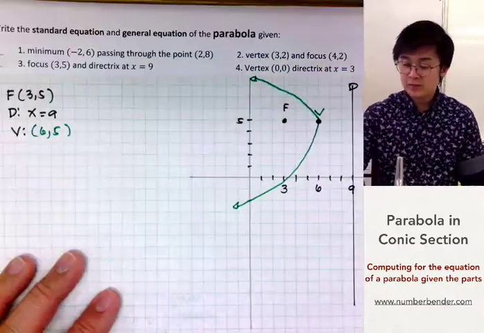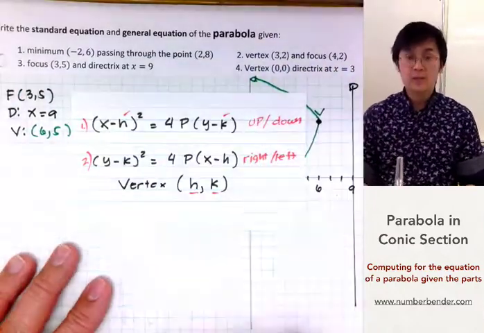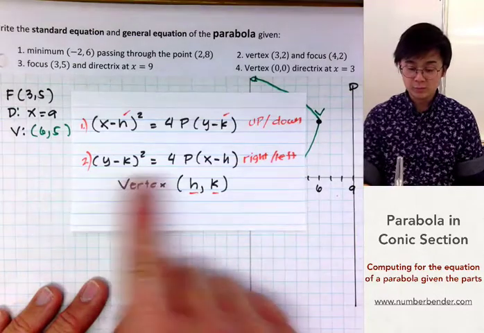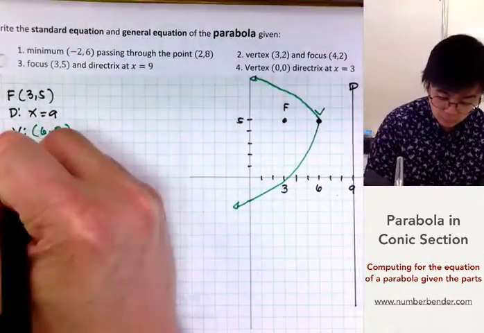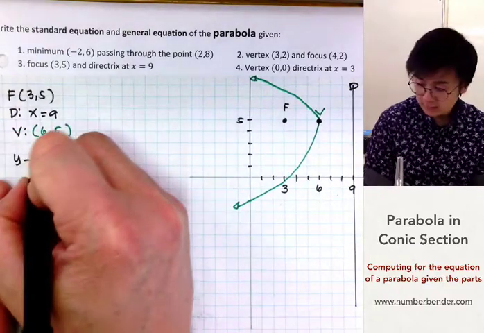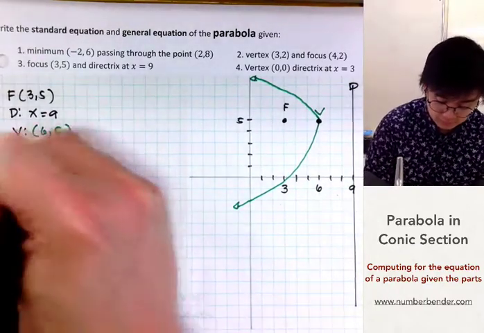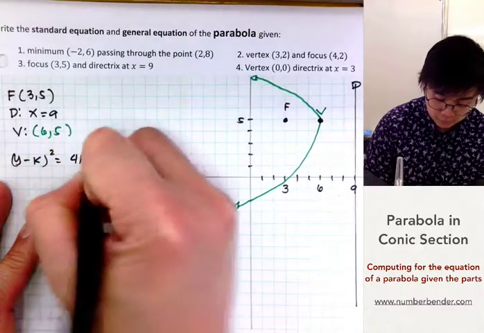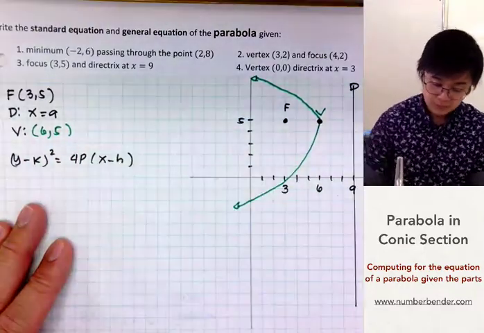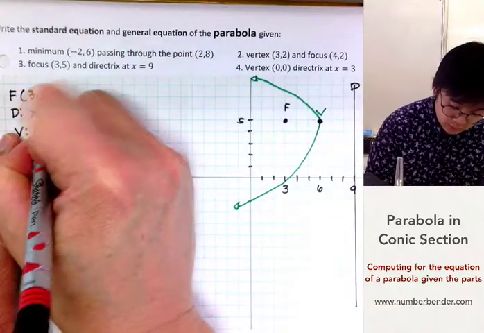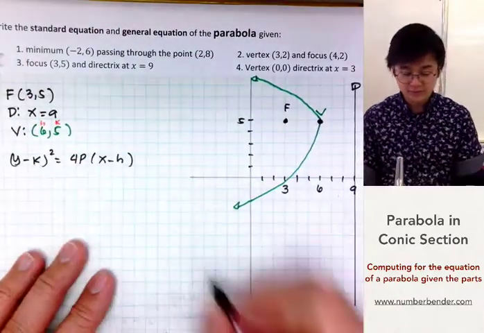And if it's opening to the left, once again, the formula that we're going to be using will be the second formula. So we will have (y minus k) squared equals 4p(x minus h), where h and k is our vertex.